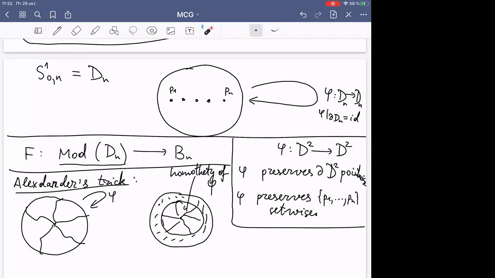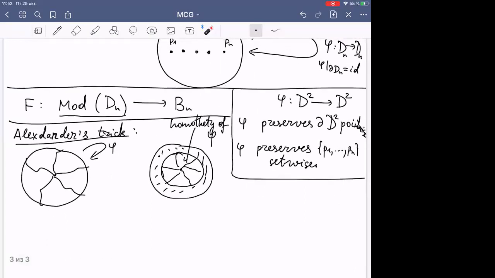So it is not only true that any homeomorphism of a disk trivial on the boundary is isotopic to the identity, but moreover we have a canonical way to produce such an isotopy.